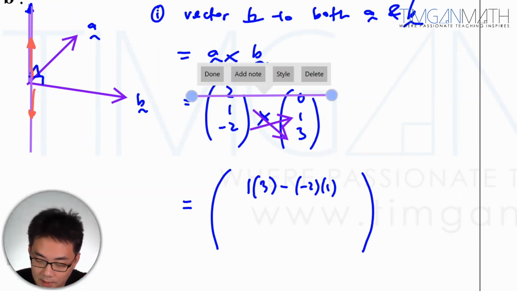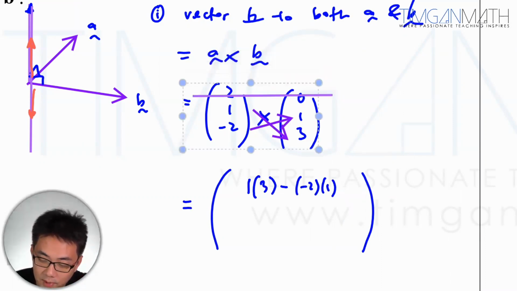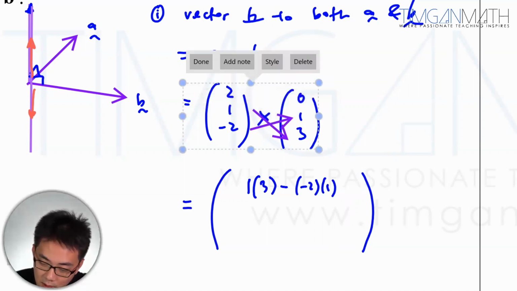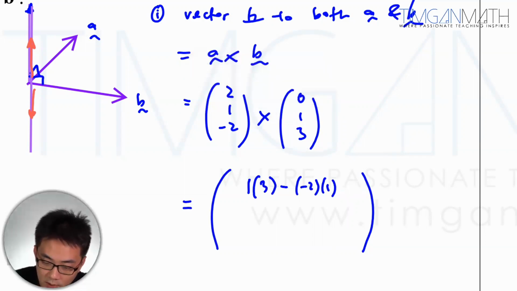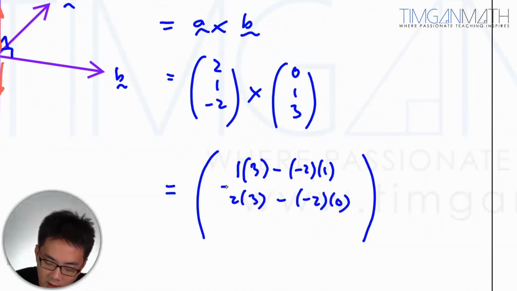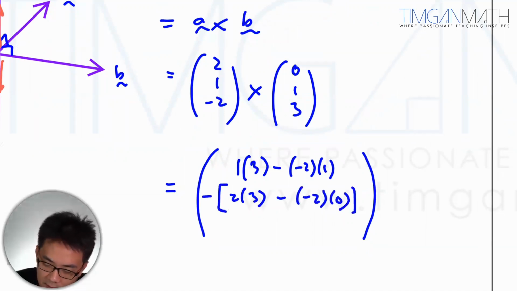Then you do the similar one here, which is 2 times 3 minus of minus 2 times 0, which is 0, but overall should be negative.